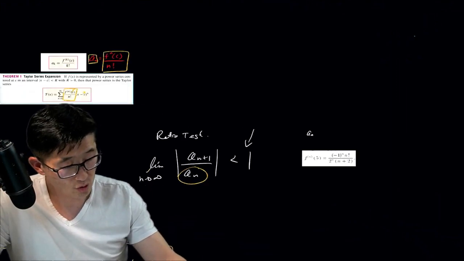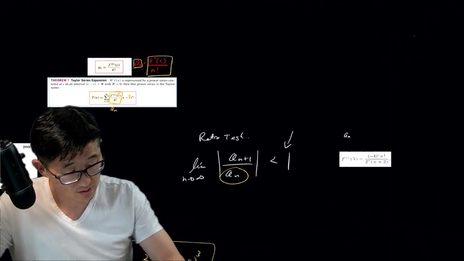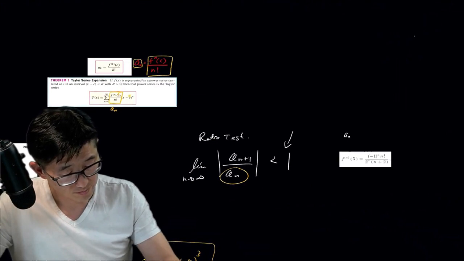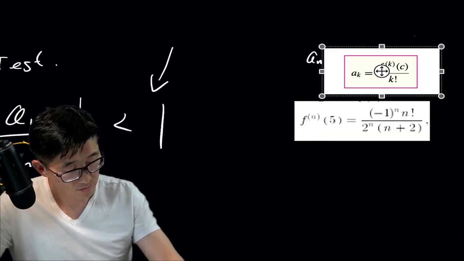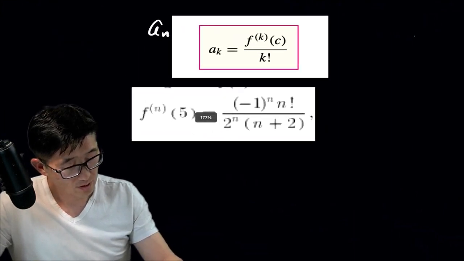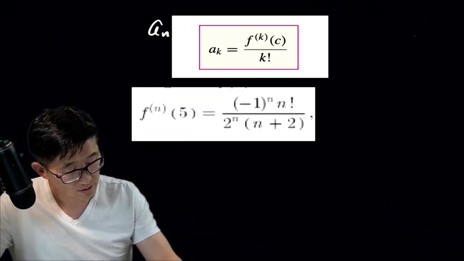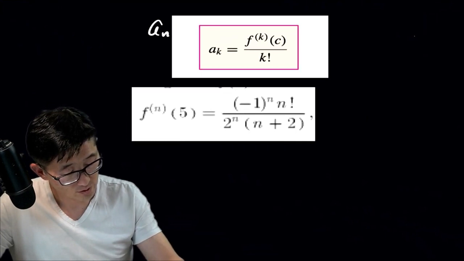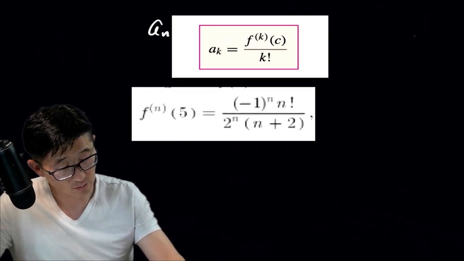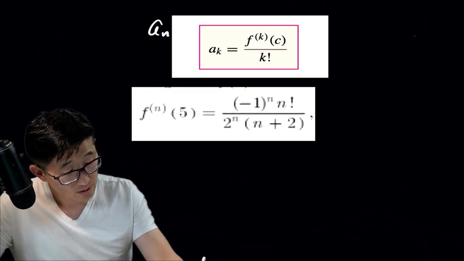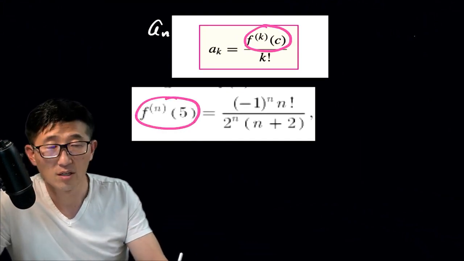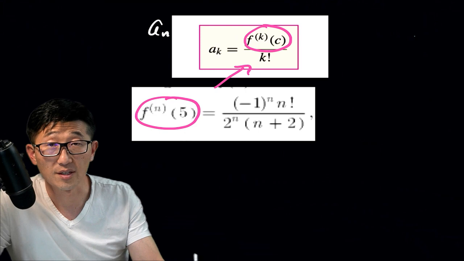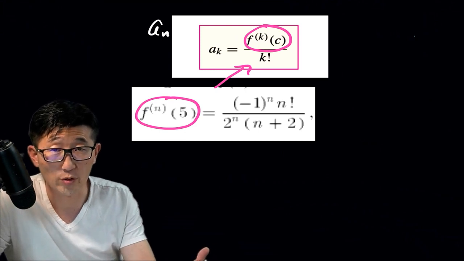According to this, let me just bring this down. So you'll notice that you have f^(k)(c), and that looks just like that. We need a k factorial or an n factorial.